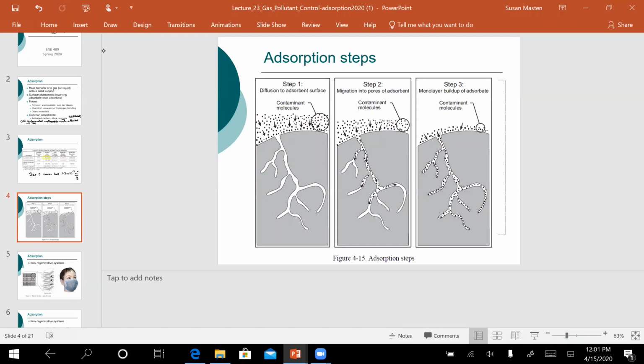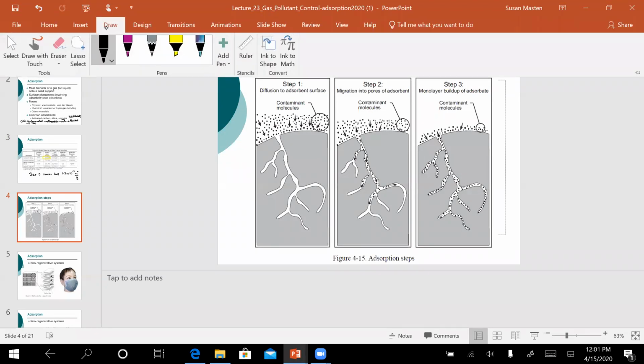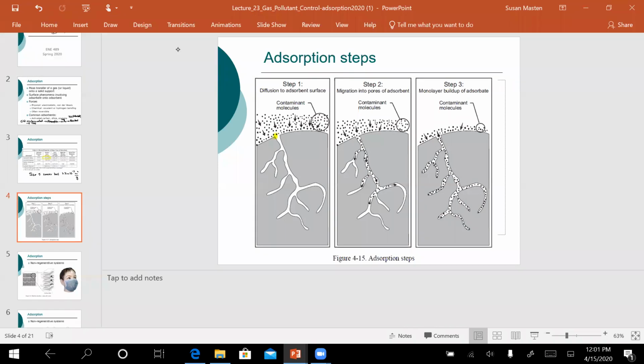So we can mix that solution, either the air or the water, in order to ensure that those molecules, for instance, let's take the TCE, come in contact with the sorbent. Here's my molecule of TCE.